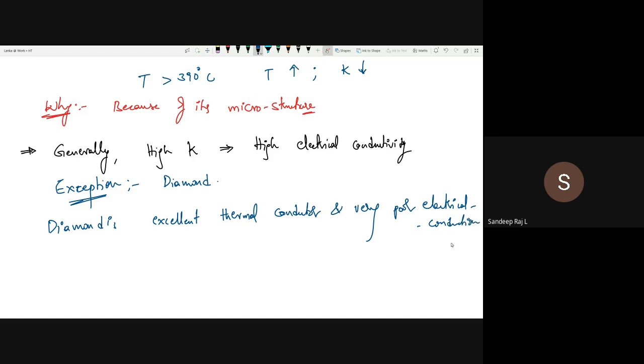So it has very good thermal conductivity and very poor electrical conductivity. This should be kept in mind. But for most of the materials, if the thermal conductivity is high, electrical conductivity is also high. Examples are copper, aluminium, so many things you can take, right?